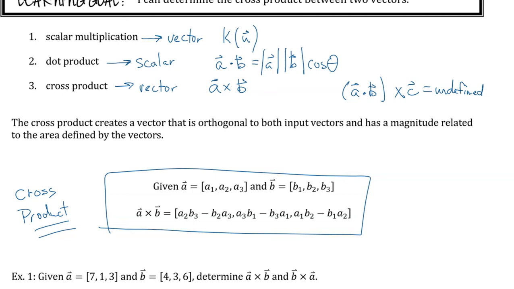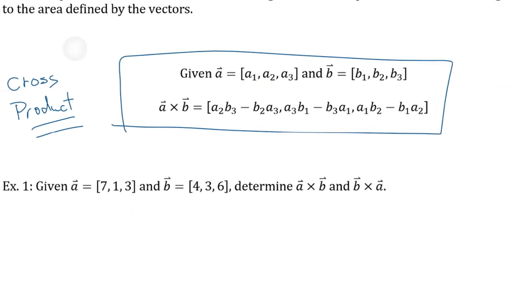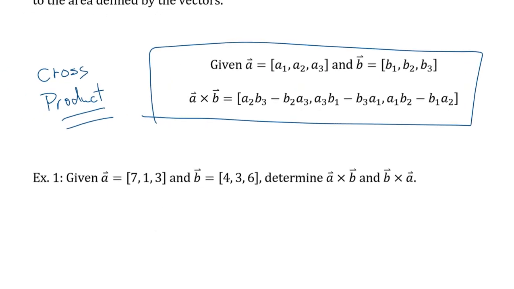I want you to think about the difference between it and the dot product, because this might help you remember it. I'm going to show you a trick as well, but if we compare this to the dot product, it would be A1, B1 plus A2, B2 plus A3, B3.